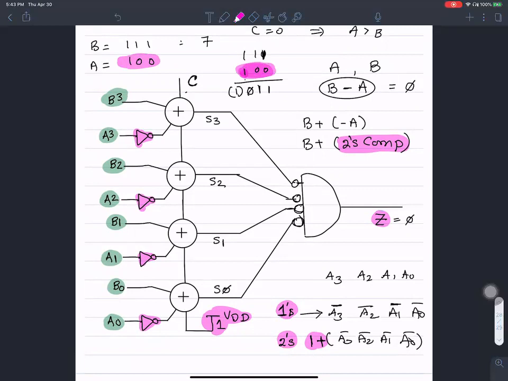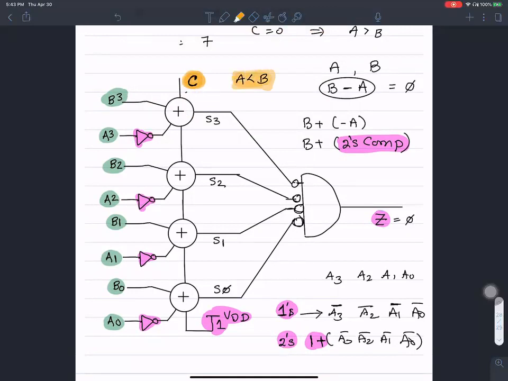So whenever there is a carry, that implies that number A is smaller than number B. That's the point I'm trying to drive home. A carry signal here signifies that A is less than B, as we just saw in that example.